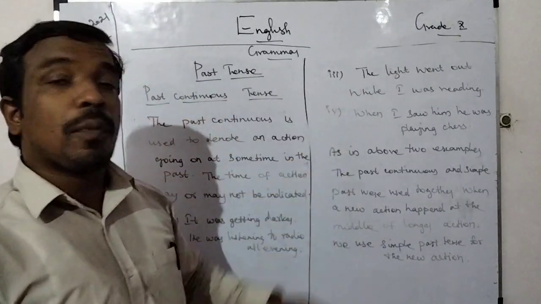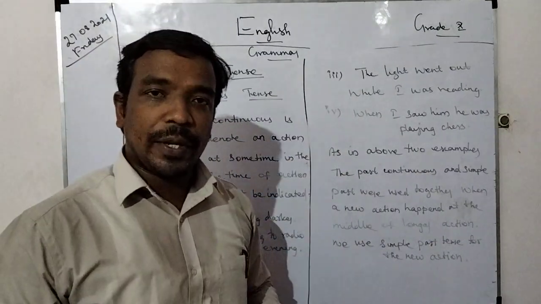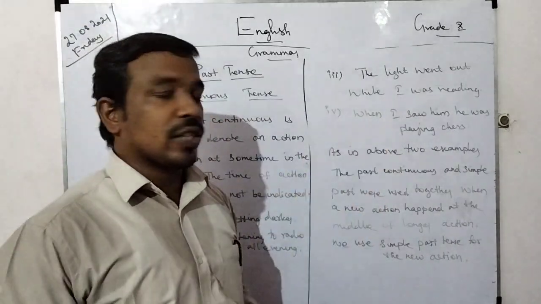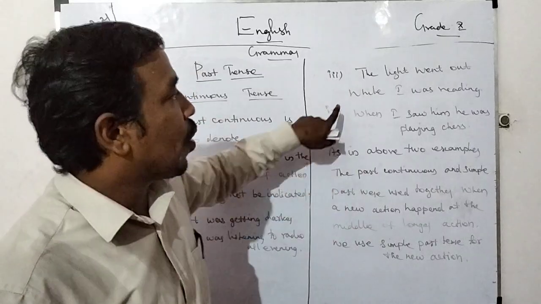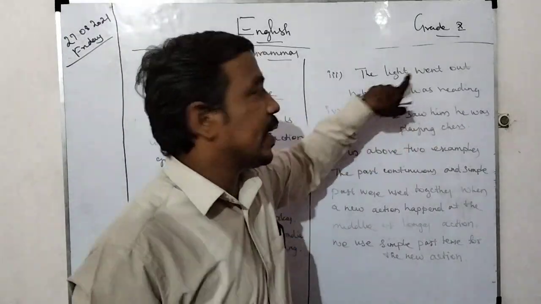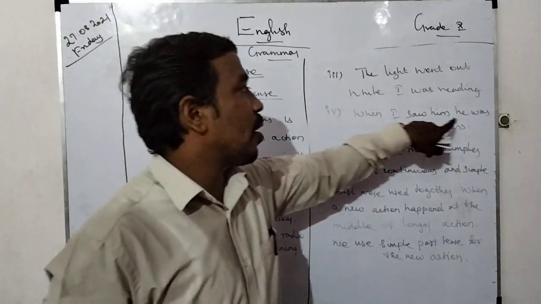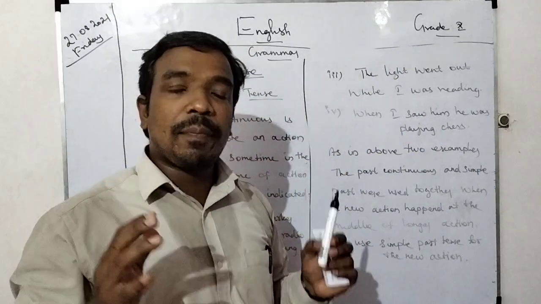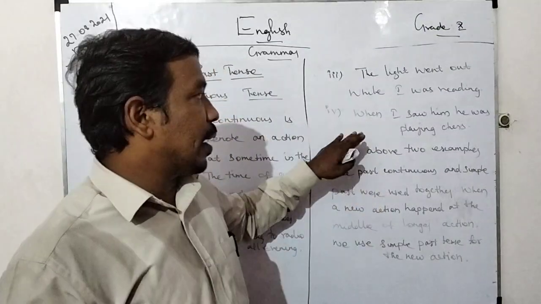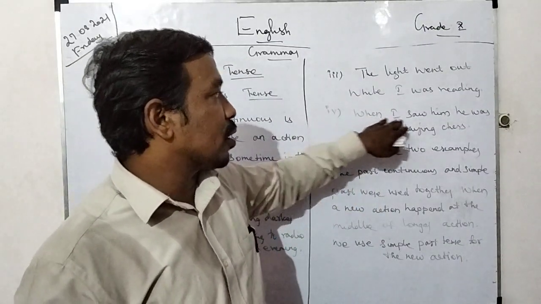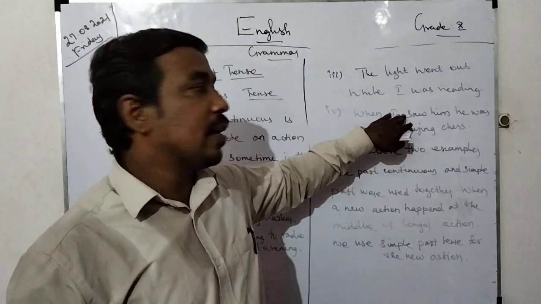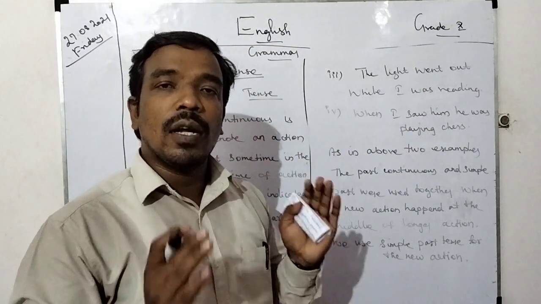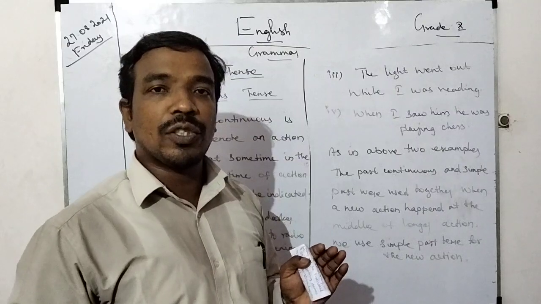This is very, very important for competitive exams as well as any exams. Have you understood, students? Sometimes they will give one sentence, and another sentence you should find out. So you should know which one is the longer action and which one is the short action.